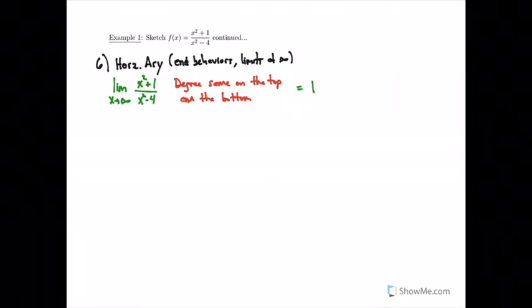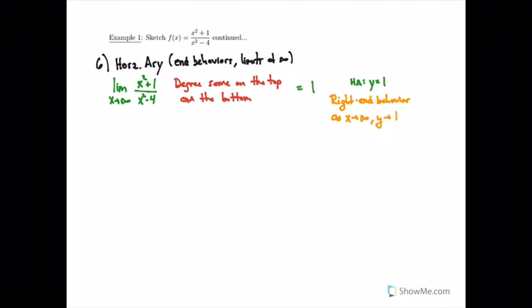The coefficient on the x squared is 1 on the top. Coefficient on the x squared is 1 on the bottom. So we just have 1. This means we have a horizontal asymptote of y equals 1. This means that the right end behavior, if you want to write it in a different way, you might have done this in a pre-calc class, right end behavior as x goes to infinity, y goes to 1.